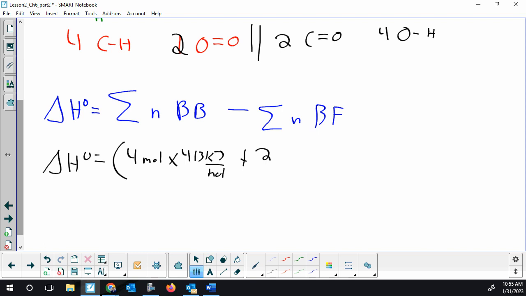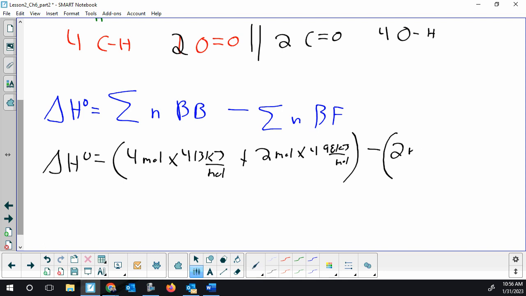There's 2 moles of those, times 498 kilojoules per mole. That's it for my bond breaking. So that's all my positives. Now I can get into my negatives, my bonds formed.